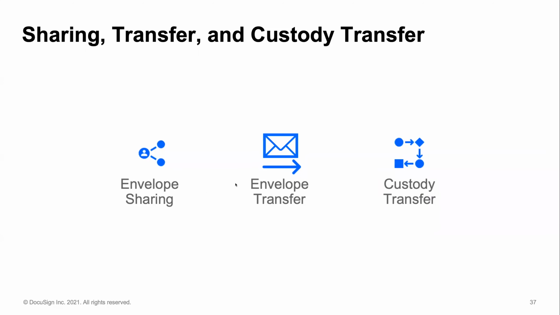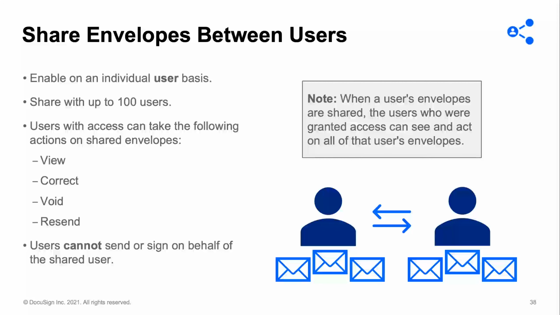So envelope sharing allows you to share a user's envelopes with another user or group of users and allow them to take action on those envelopes. So this is a really helpful tool if you want to allow users to collaborate on envelopes. Users with access to shared envelopes will have the ability to view the envelope's contents, make any corrections, void a transaction, or even resend the email notification for any in-progress envelopes.